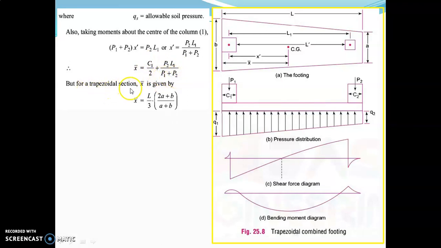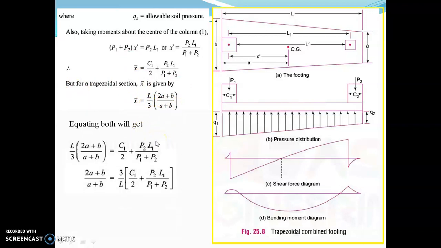But for a trapezoidal section, x bar is given by this equation: x bar is equal to L divided by 3 into (2A plus B) divided by (A plus B). So using this equation you can calculate x bar.